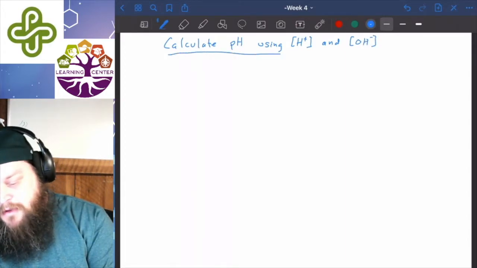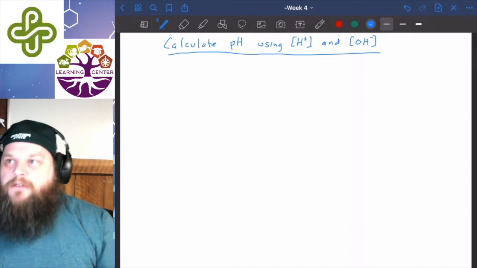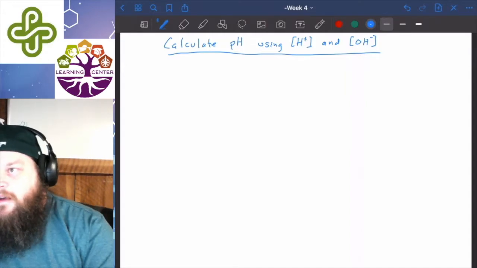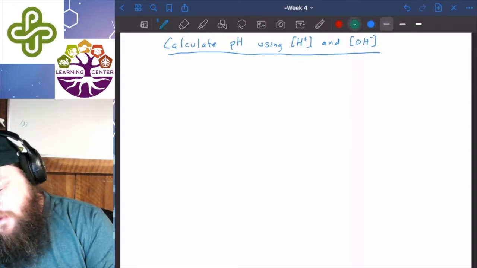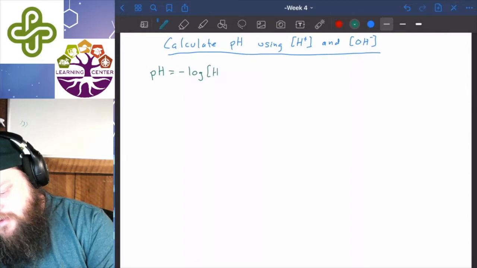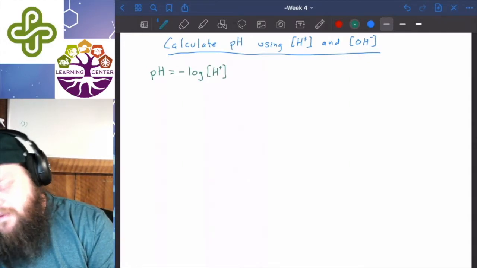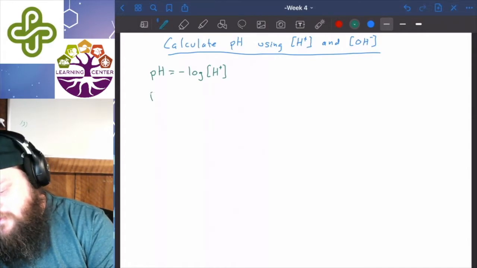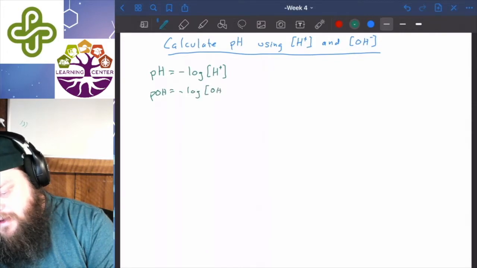And we do that using that basic logarithmic equation, where the pH is equal to negative log of the concentration of H+. Similarly, we can find the pOH, which is equal to the negative log of the concentration of OH-.